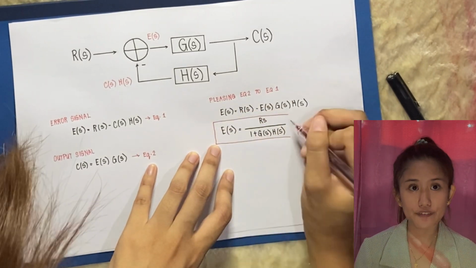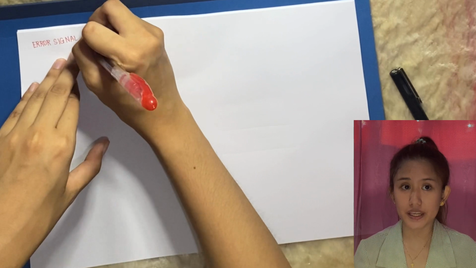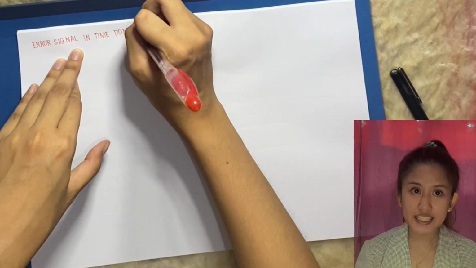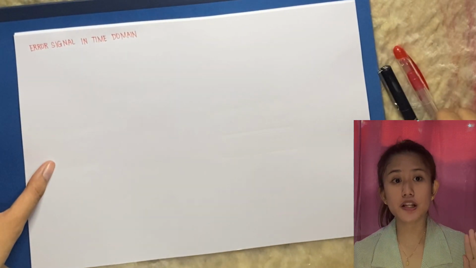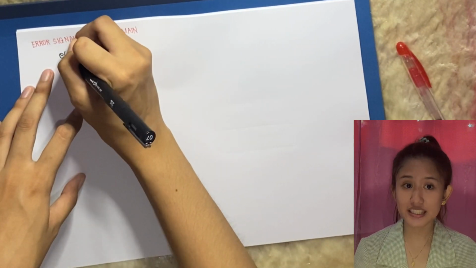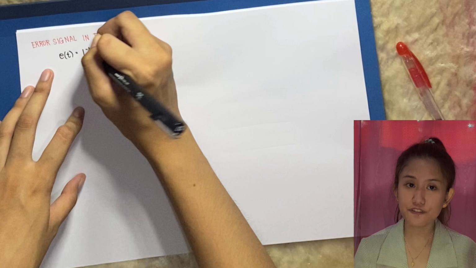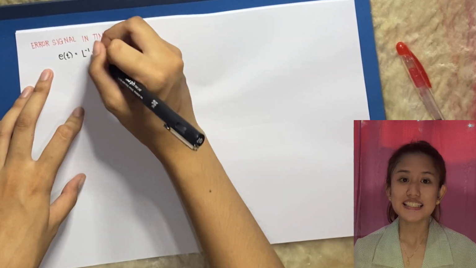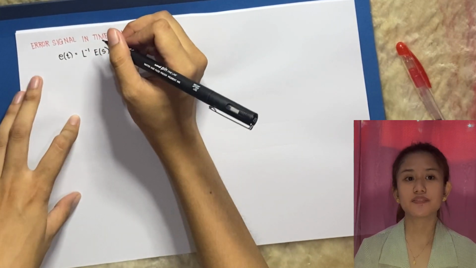And let's have the error signal in terms of time domain. So now, all we need to do is take the inverse Laplace of our error signal. So that will be E of t is equal to inverse Laplace of E of S.